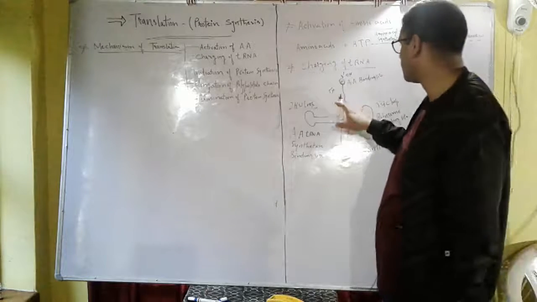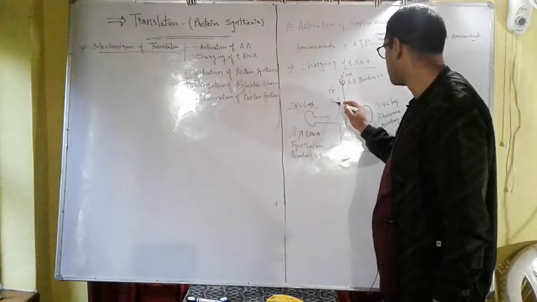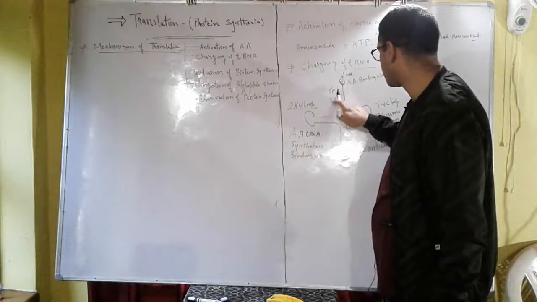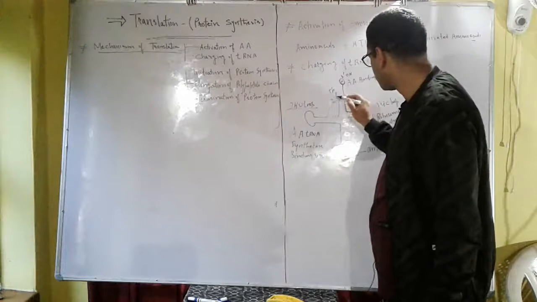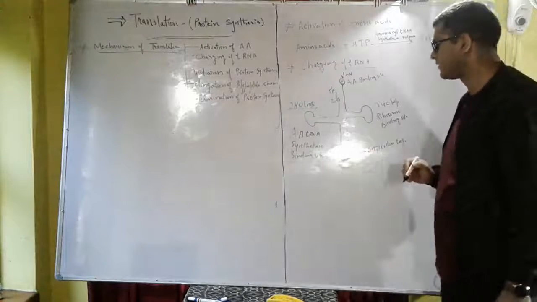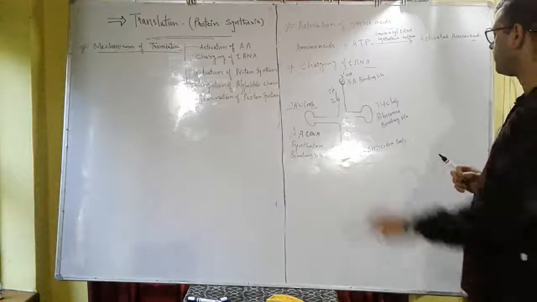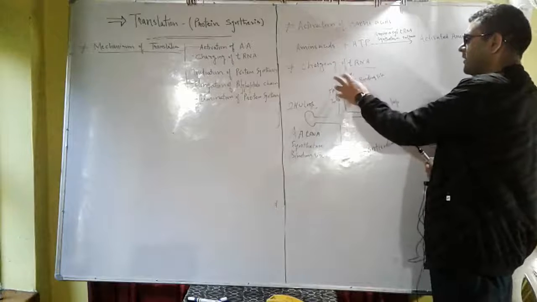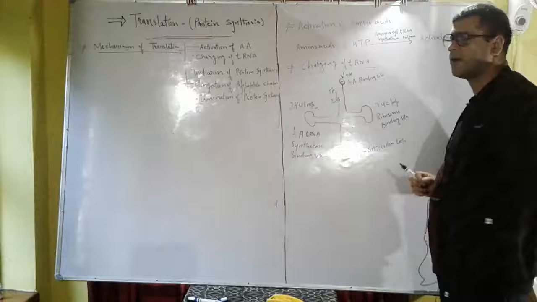And this 5' phosphate end, you know, carries the 7-methylguanosine cap. This is the amino acid binding site. Amino acid gets attached to the tRNA at the 3' hydroxyl end.